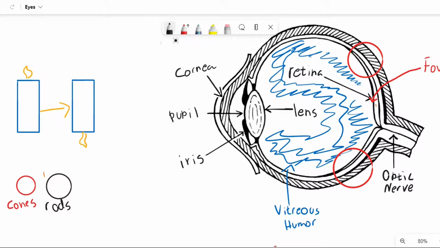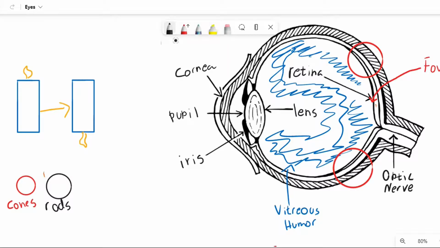Now let's take a look at how the light passes through your eye. Like I said before, it starts off at the cornea, which is the protective layer of your eye. And then it goes through your pupil, which controls how much light enters your eyes, and the light is focused onto the lens, which then focuses the light onto your retina.